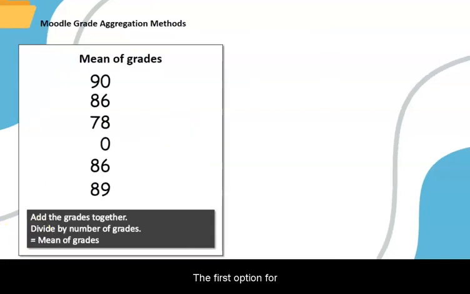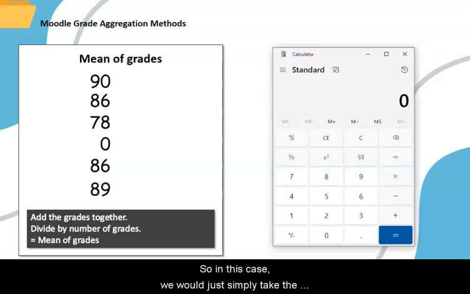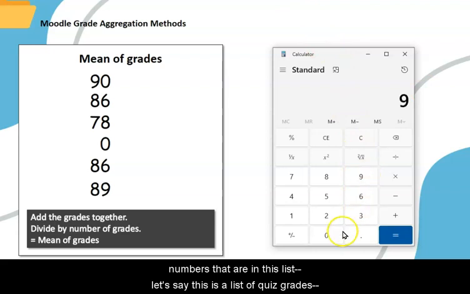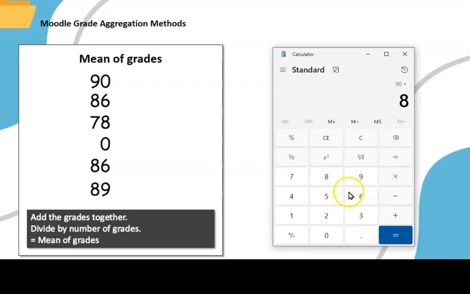The first option for aggregation is mean of grades, which is what we often commonly refer to as the average of the grades. So in this case, we would just simply take the numbers that are in this list. Let's say this is a list of quiz grades.